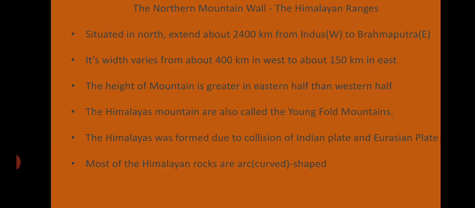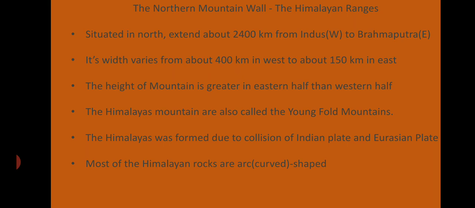Now the whole extension is about 2400 kilometer, and it extends from Indus in the west to Brahmaputra in the east. Its width varies from 400 kilometer in the west to about 150 kilometer in the east.